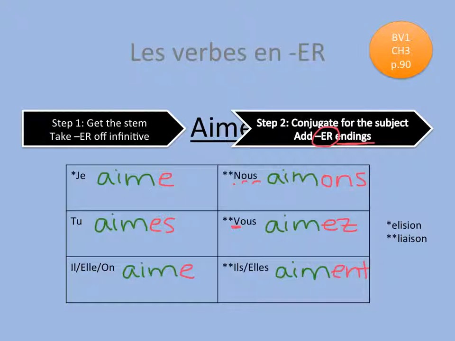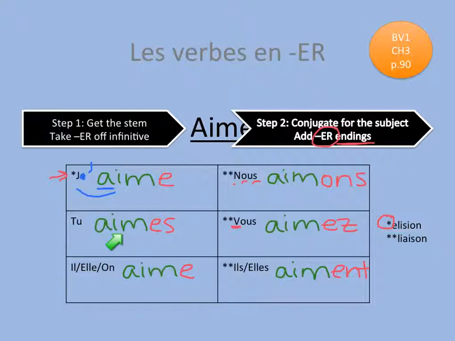Here we have a little star. I need to use elision with je, because this begins with a vowel. So I need to get rid of this E and add an apostrophe. So I get j'aime.